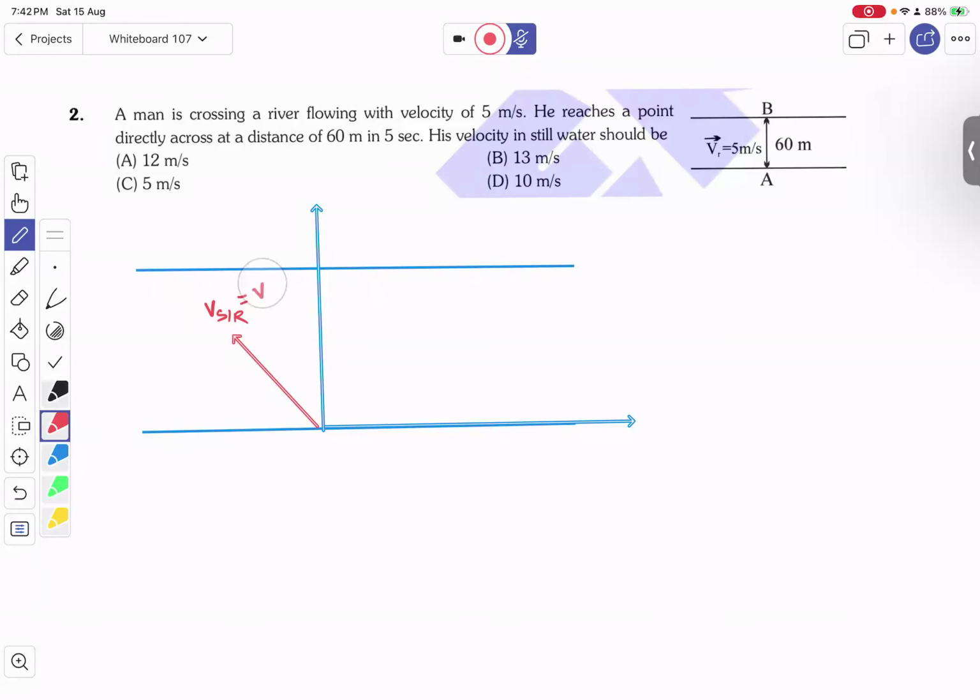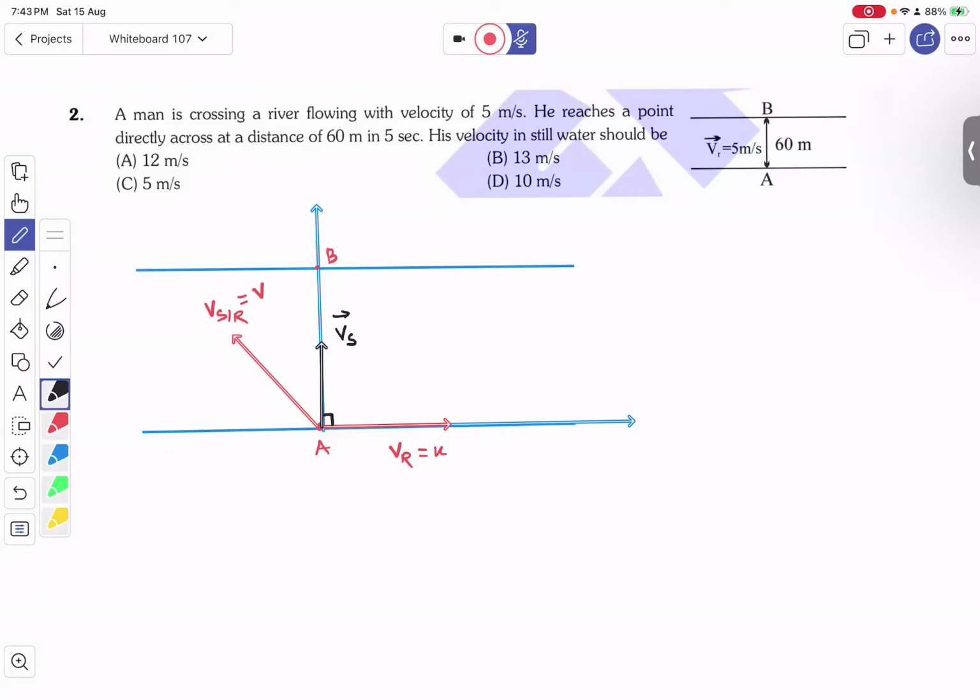For the speed of the swimmer or boat with respect to the river, the symbol that we were using was V. And velocity of the river this side, for that we use the symbol U. And the man starts from A, reaches B. So the actual path taken by the man is AB. So the velocity of the boat or the swimmer with respect to the ground frame is going to be lying along AB. That is what they have given us.